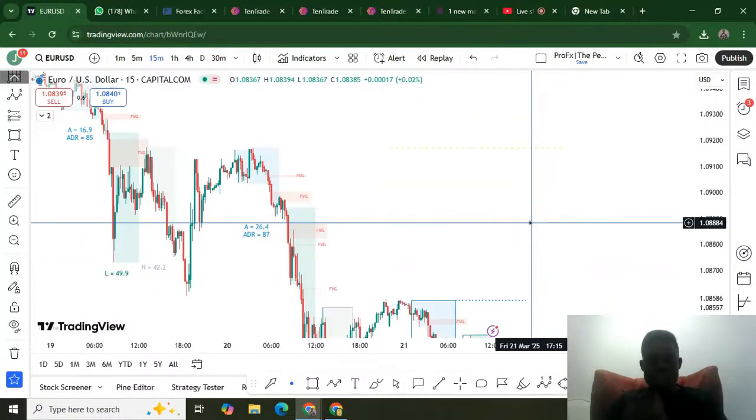In any financial market, we have the factor of price and time. In every market, we have the open price, the high, the low, and the close. Every market has these four characteristics.